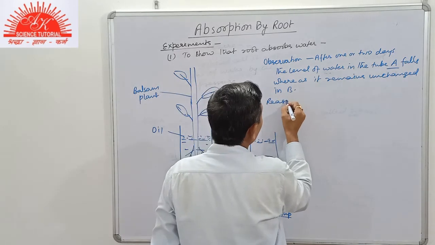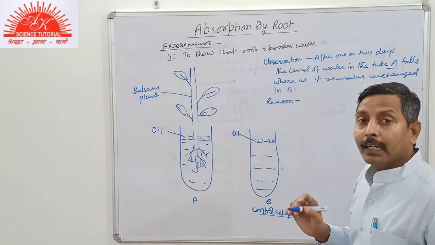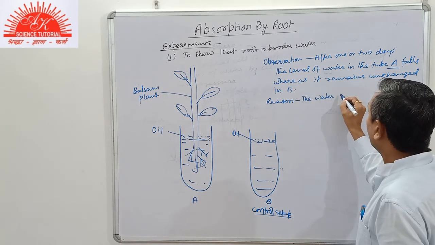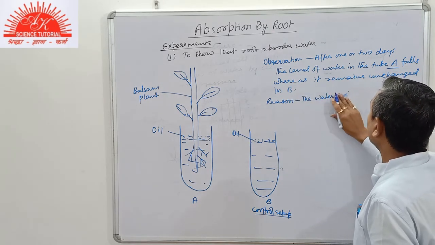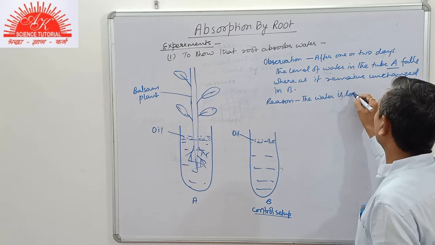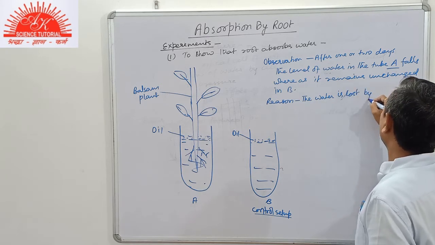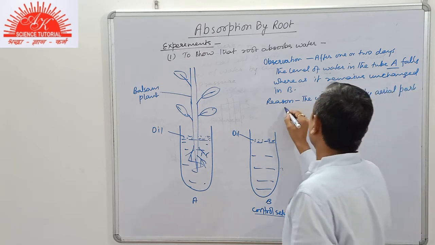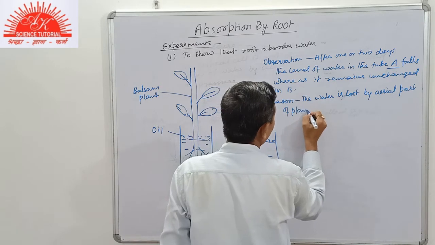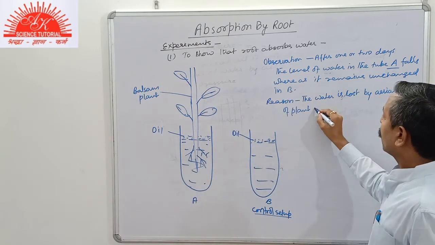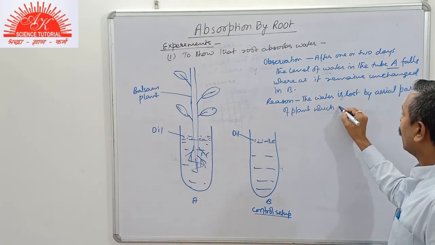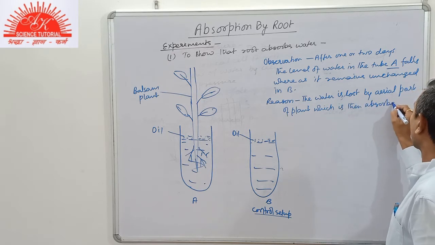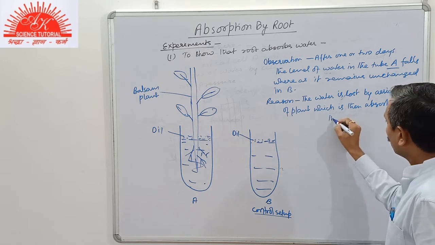So if we have to write the reason, we will write that the water is lost by the aerial part of the plant, which is then absorbed by the root.